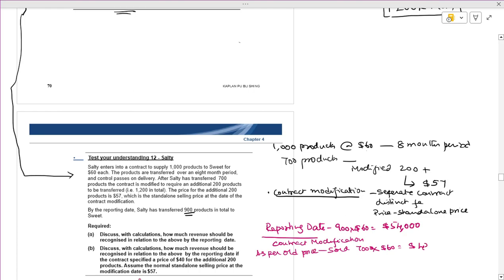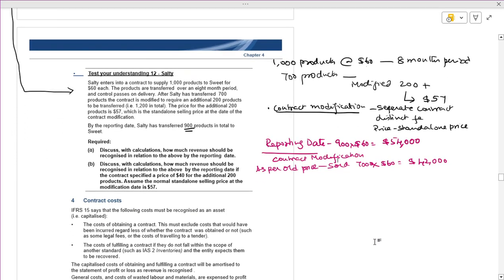It comes to 42,000. Next, how much is remaining? 42,000.